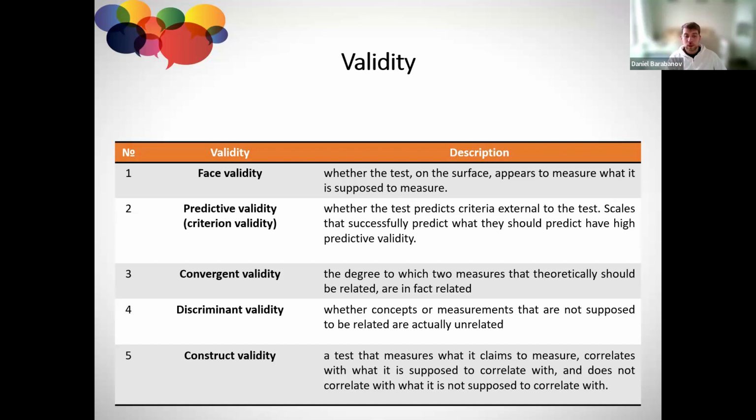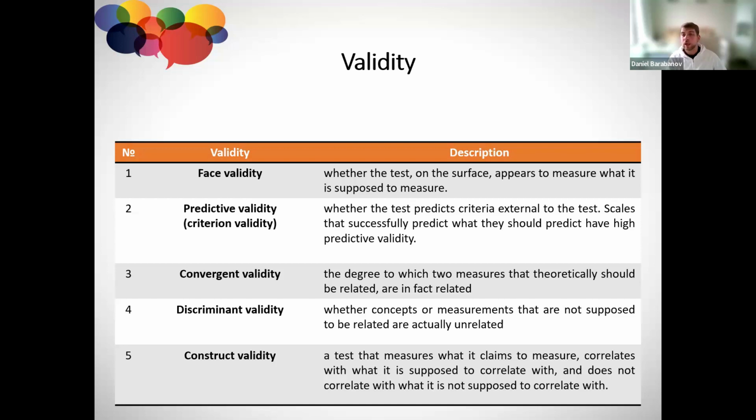The third one is convergent validity, the degree to which two measures that theoretically should be related are in fact related. So, for example, let's say we know from research that two personality traits have a high positive correlation.